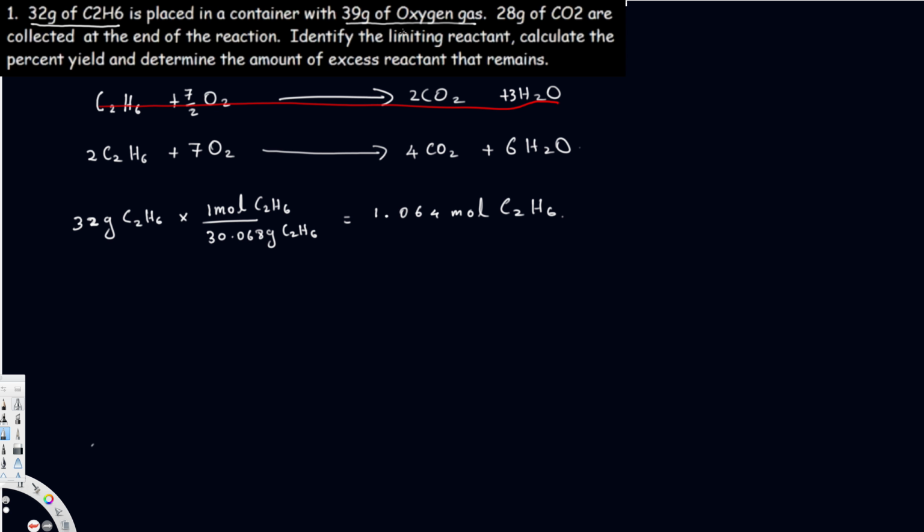Now let's calculate the moles of oxygen. They have given 39 grams of oxygen gas right here. So 39 grams of O2 divided by its molar mass: 1 mole of O2 has 32 grams of O2.